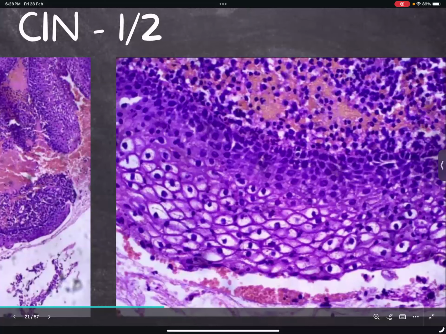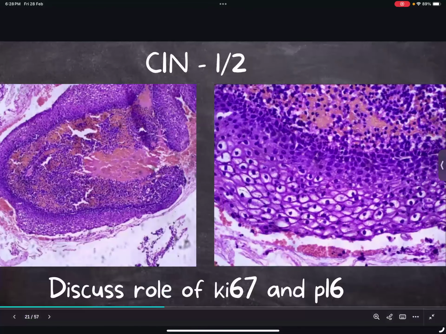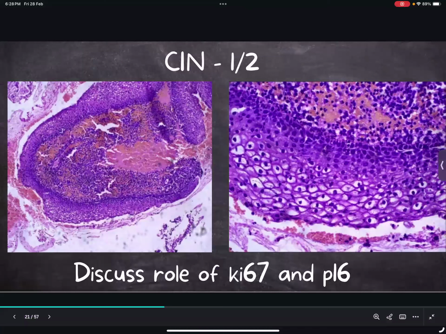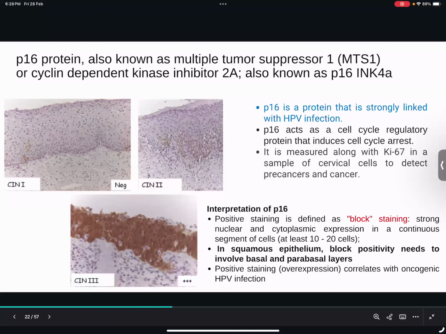For the differentiation of whether this is CIN 1 or 2, whether this is a low grade or high grade lesion, P16 and Ki67 play a very important role. As you know, P16 is a protein strongly linked with HPV infection, and its interpretation is very important. In CIN 1 or 2, the P16 protein is very weak positive or patchy positive.